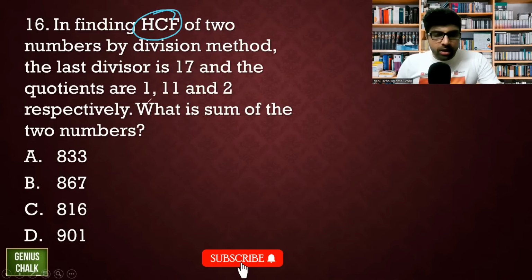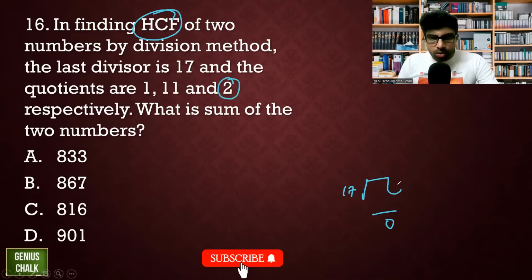So let's try. The last divisor is 17. So if the last divisor is 17, that means it must be giving me 0 remainder. The last quotient is 2. That means this number must be 34, right?